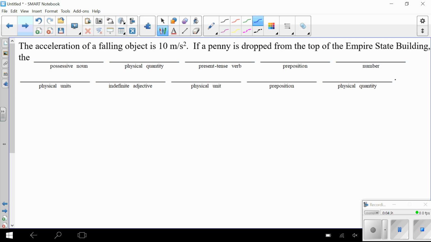The acceleration of a falling object is 10 meters per second squared. If a penny is dropped from the top of the Empire State Building, let's fill this in to find out what happens.